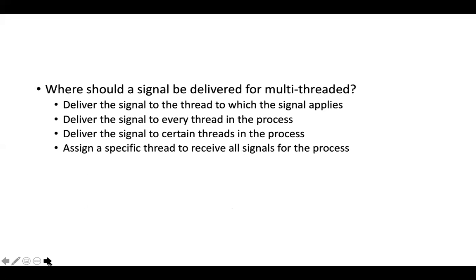The signal could be delivered to the thread to which the signal applies, or it could be delivered to every thread in the process, or it could be delivered to certain threads in the process, and then it could also be assigned a specific thread to receive all signals for the process.